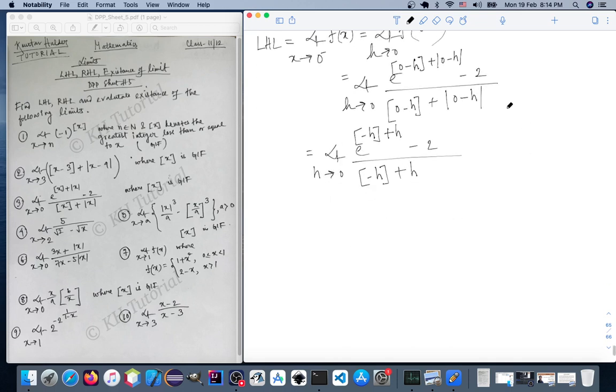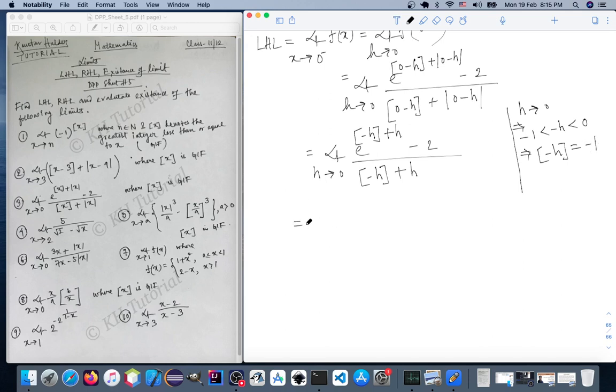Now h is tending to 0, which implies minus h will be less than 0 and greater than minus 1. This implies the box of minus h equals minus 1.